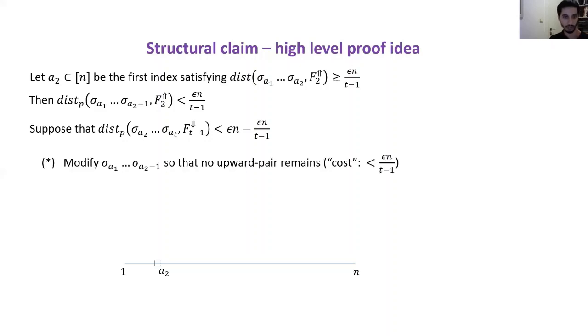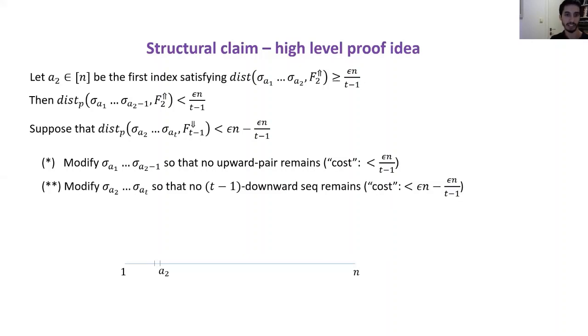So we can do two things. First, we can modify the first subsequence, sigma 1 to sigma A2 minus 1, so that there are no upward pair in this subsequence. And the cost here is that we have modified less than epsilon n over t minus 1 elements.